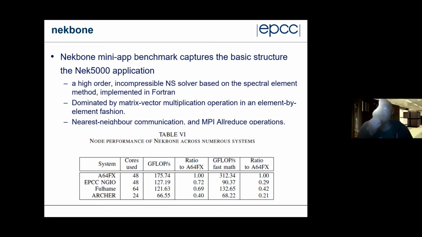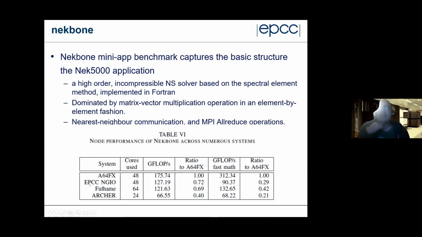Nekbone is another mini app we looked at, which is of similar structure to HPCG. In fact, it's designed to do similar things, but it's a reduced version of a Nek5000 application. Again, we had a look at that across the systems.